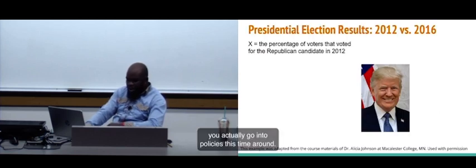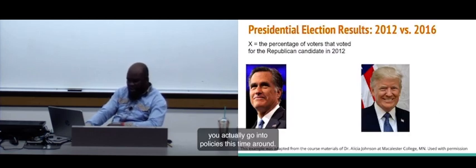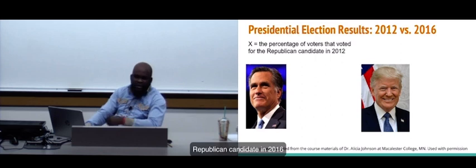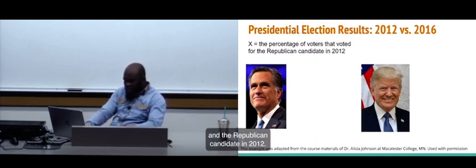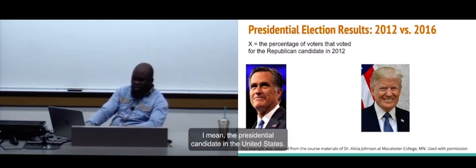Now, I'm going to use politics this time around, where I want to focus on the Republican candidate in 2016 and the Republican candidate in 2012, meaning the presidential candidate in the United States.